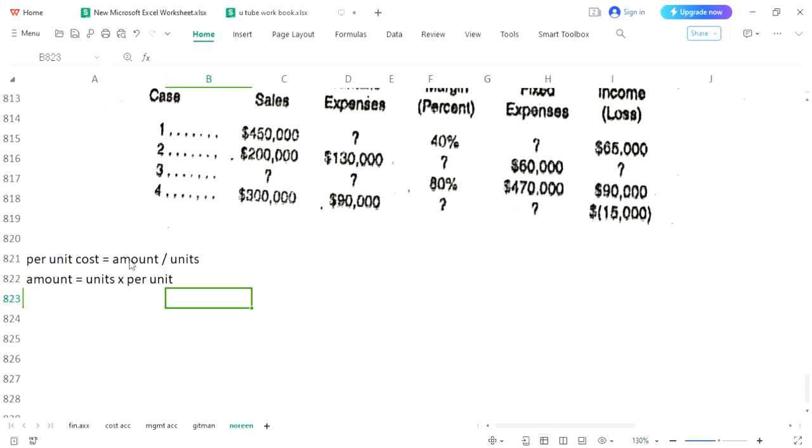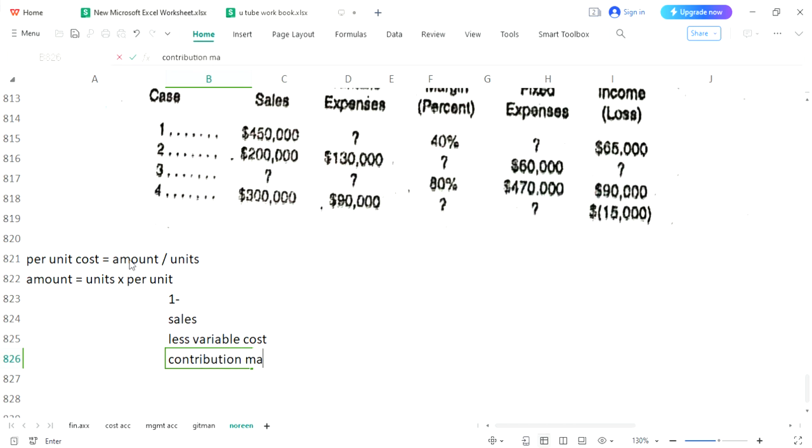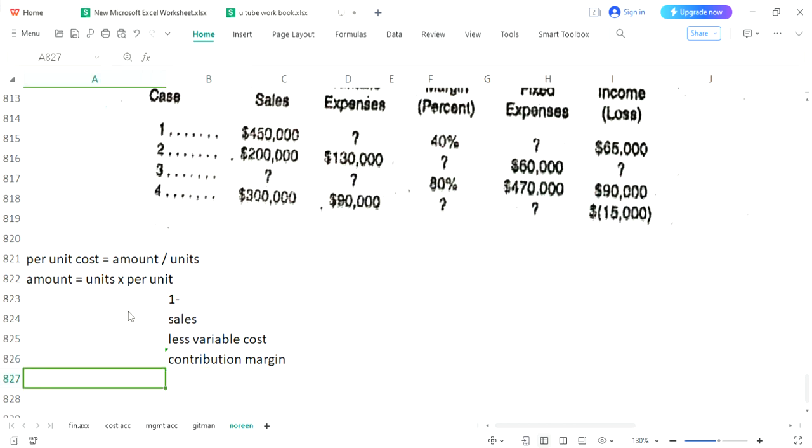First part we are going to solve, and for the first part we are making sales less variable cost. We will get contribution margin, and then we will have our fixed cost, which would be put over here, and we will get net margin.